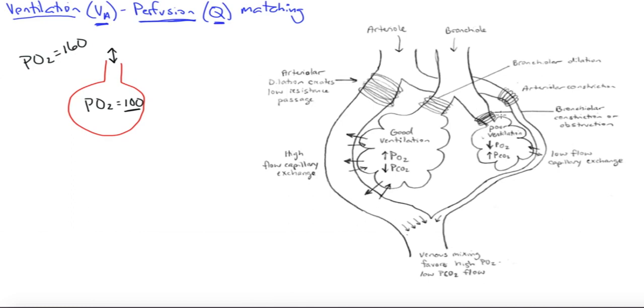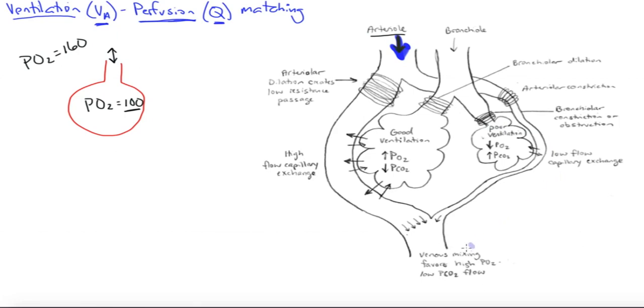Let's look at our anatomical picture over here. We've got our arteriole here, so this is our blood flow coming in. This would be the pulmonary. Let me adjust that, because if it's an arteriole and it's pulmonary, it's carrying deoxygenated blood.